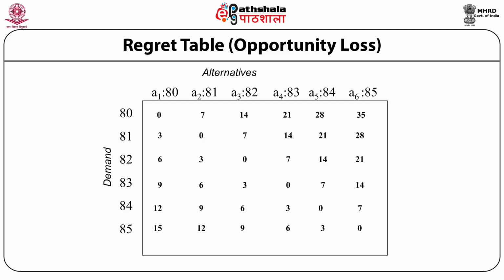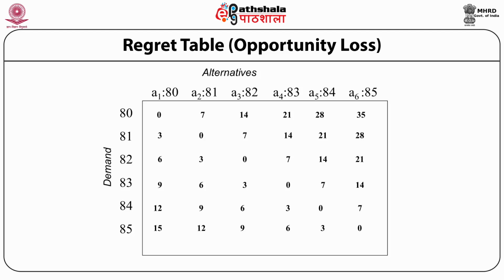It is obviously because when the demand for bread is 82 packets per day and the retailer has placed the order for only 82 packets, it means he has sold all the packets on that particular day. He has no remaining packet of bread, so that's why the loss for the retailer is 0.